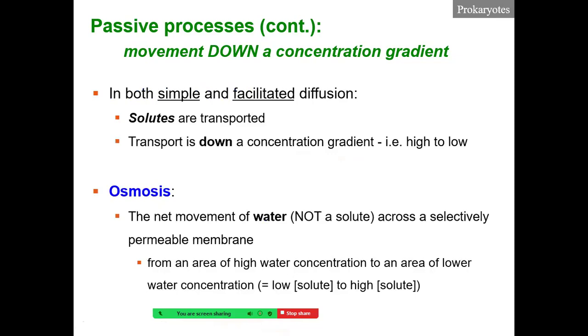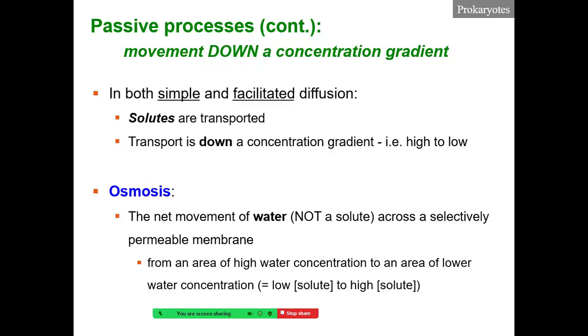In both cases of simple and facilitated diffusion, solutes are transported, and the solutes move down their concentration gradient from areas of high concentration to areas of low concentration. Osmosis is similar but a little different than both simple and facilitated diffusion in that it involves the movement of water. Water is a solvent, not a solute.